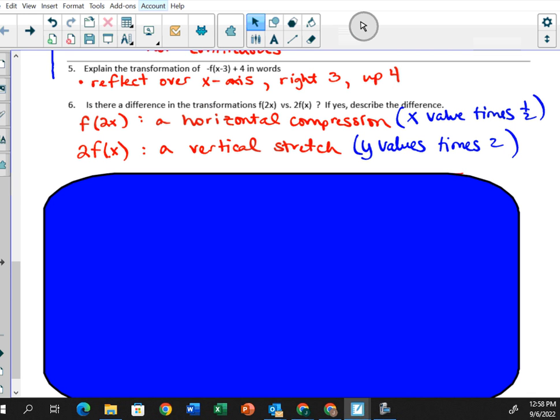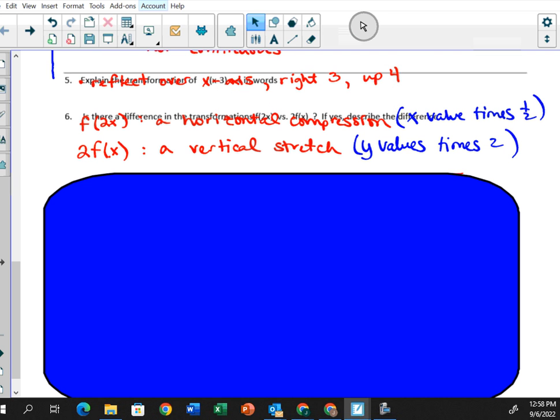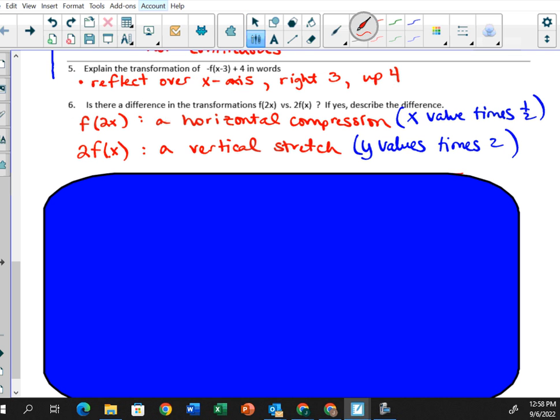So if it was f of negative x minus 3, would that be reflect across the y and then it's left? Yes. Yeah, okay. It's tricky.